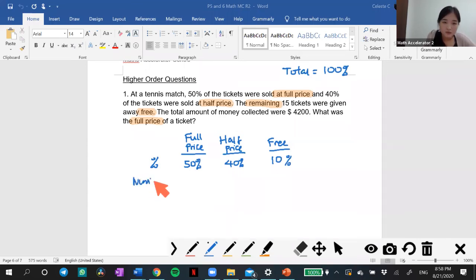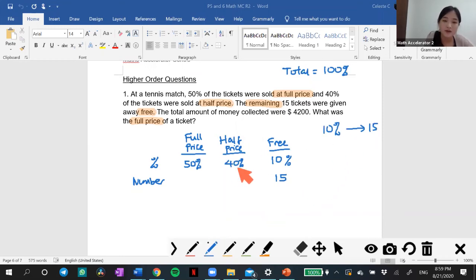Okay, so what is the number did they give you? The remaining 15 tickets were given away free. So they only give you the ones for the free, 15. Correct, 10% are free. So are you able to find the number for full price and half price? 10%, 15. Yes, key.